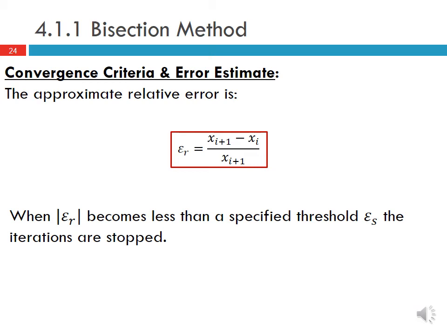So it's our current estimate minus our previous estimate divided by our current estimate. Essentially this gives us an idea of the size of the interval divided by our current estimate. When the absolute value of epsilon r becomes less than a specified threshold epsilon s, then the iterations are stopped.